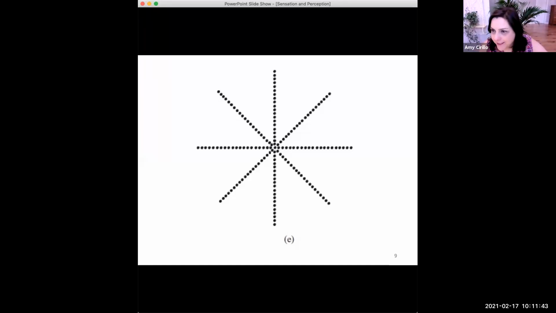Okay, hi everybody. All right, so we're going to continue talking about vision. Remember I was talking about how our eyes constantly move, and what is the reason that our eyes are constantly moving around, even if we think we're looking at one fixed object?